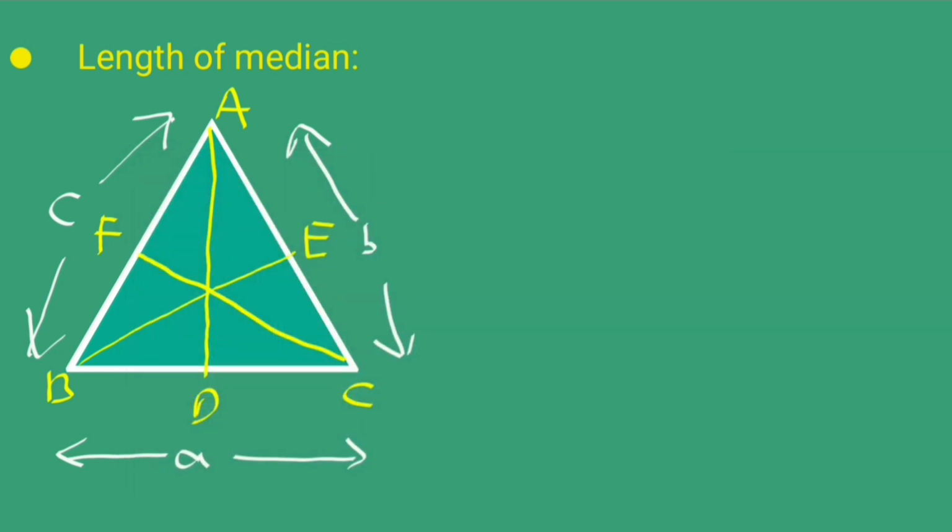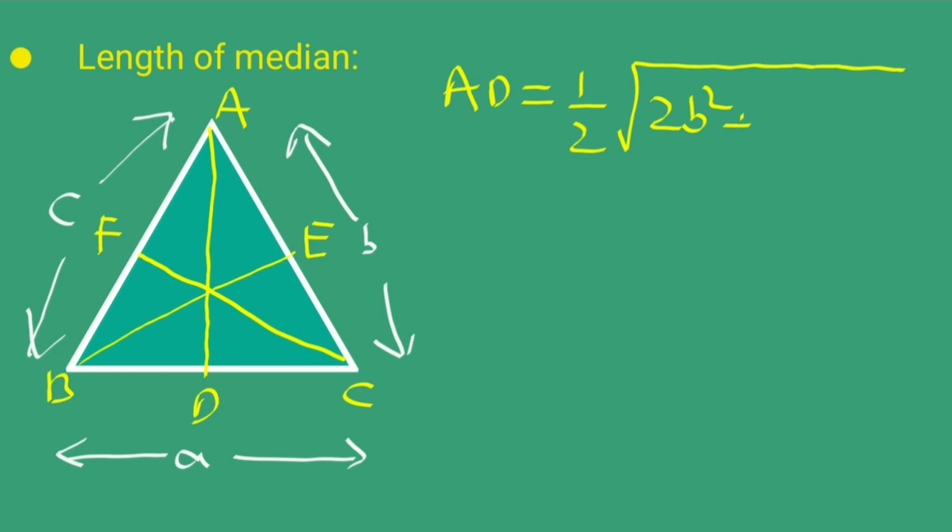Now the length of median AD, AD is the first median. The length of AD is equal to half into square root of 2b square plus 2c square minus a square.